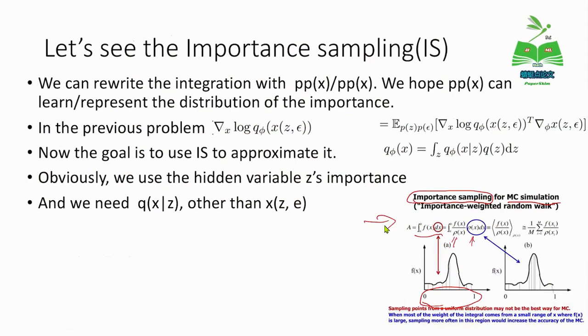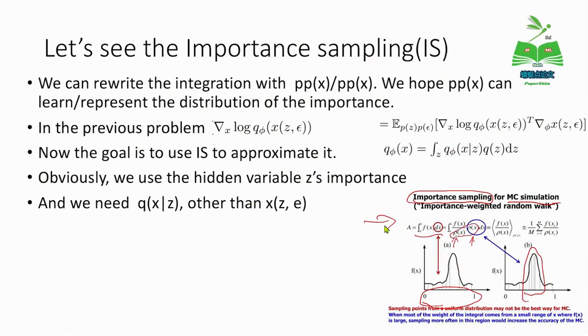Yes, it's the distribution of the importance. We can see the important part is more dense, so we sample more samples there.